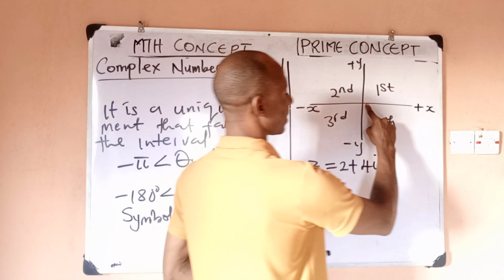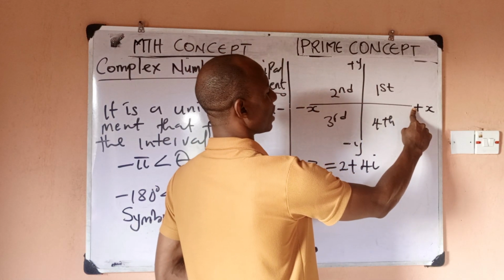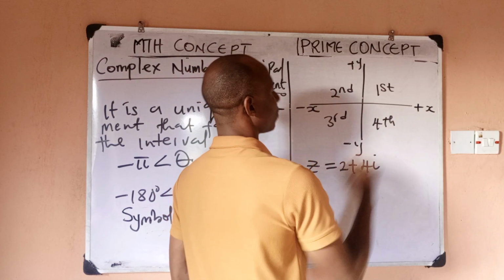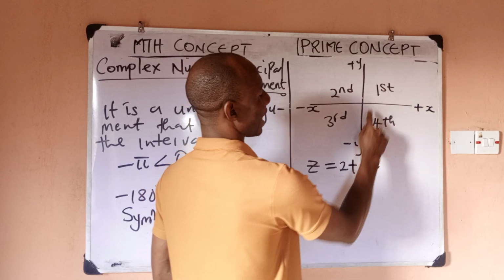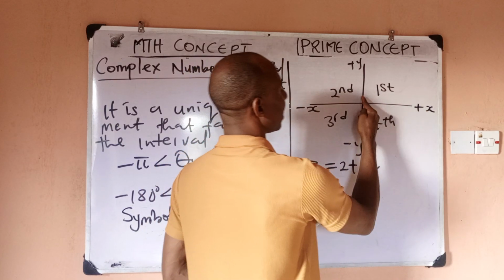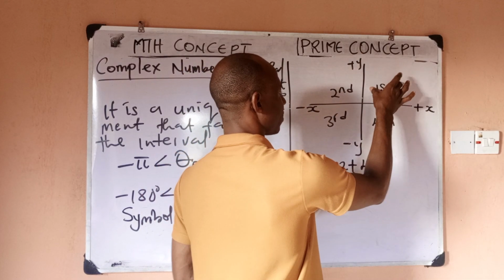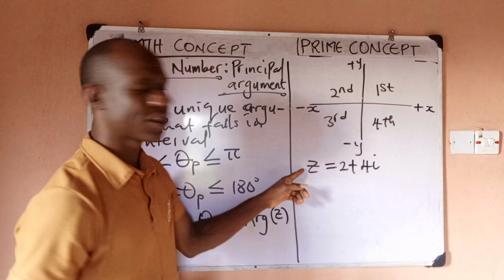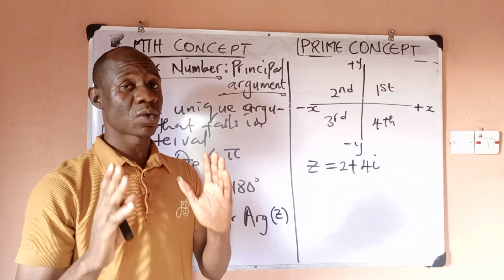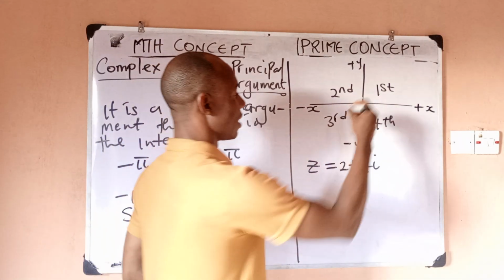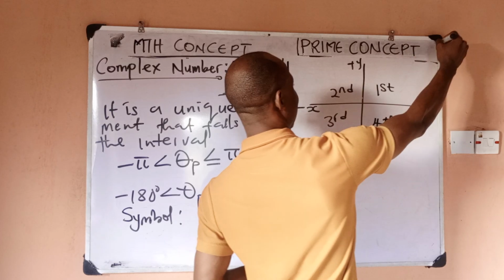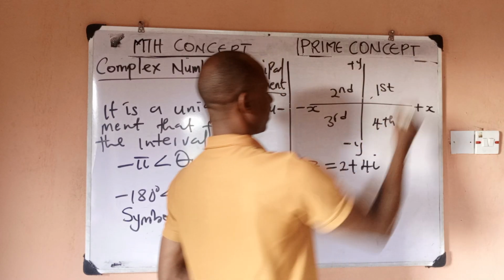Where's our positive x? These are positive x. Where's our positive y? These are positive y. So it means that this complex number lies between positive x and positive y, which is in the first what? Quadrant. So this complex number lies in the first quadrant. So we're going to represent it with a straight line in this quadrant like this.